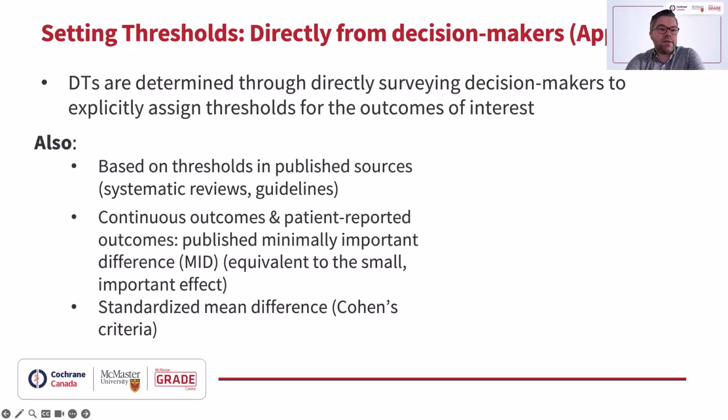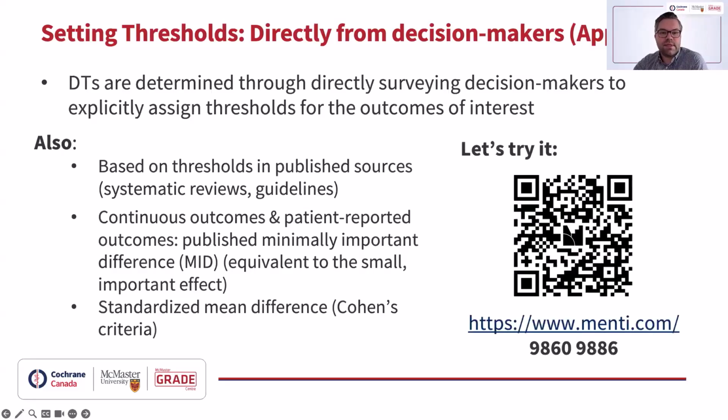As well here, as I mentioned, for continuous outcomes and patient-reported outcomes using scales, we typically have a published minimally important difference, the MID, which we would consider equivalent to that small important effect, so the threshold between a trivial and a small effect. For outcomes assessed using a standardized mean difference, we have Cohen's criteria as suggested thresholds for what is a small, moderate, or large effect.